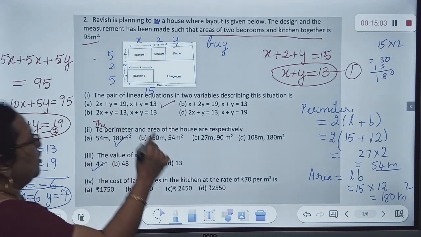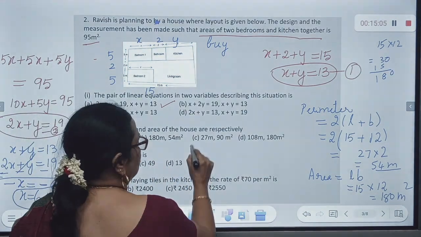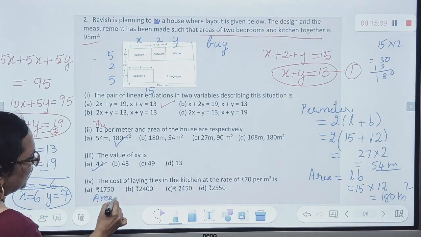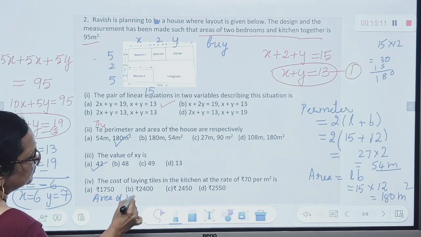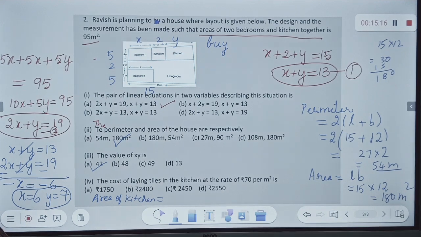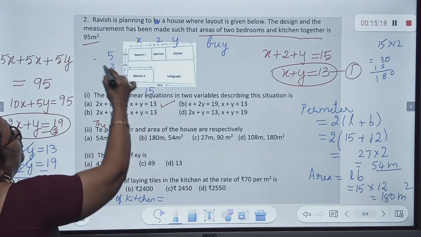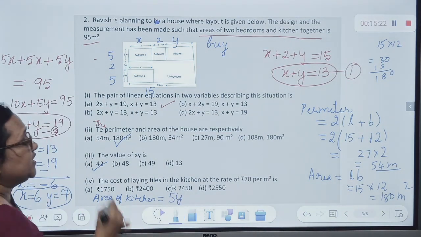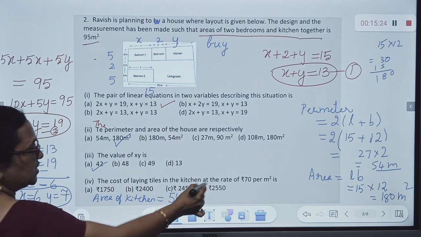What is the cost of laying tiles in the kitchen at the rate of 70 per meter square? So what is the area of the kitchen? Y into 5, 5y. For each meter square, what is the rate? 70.